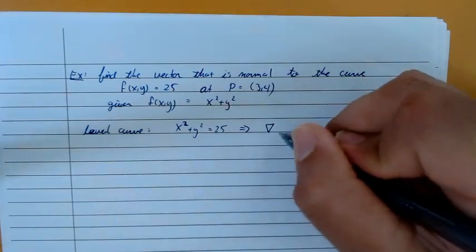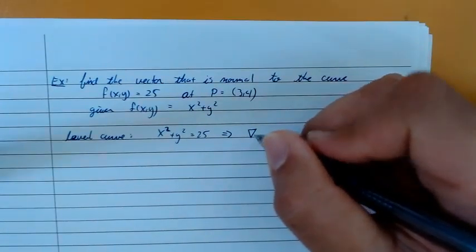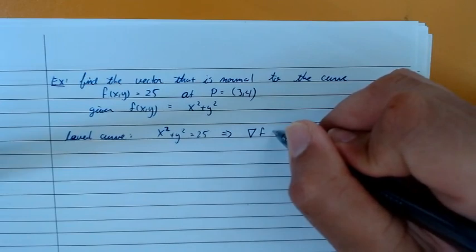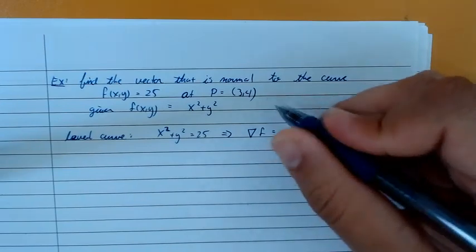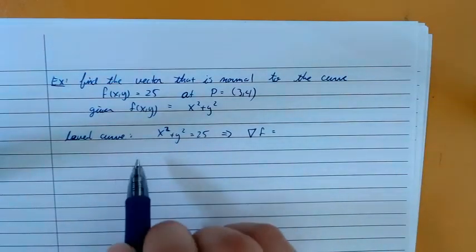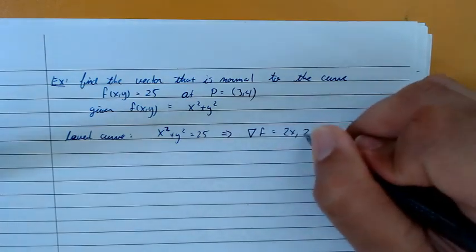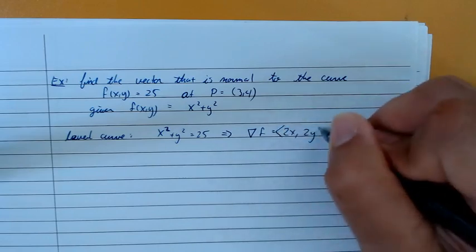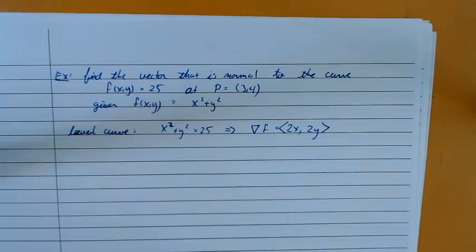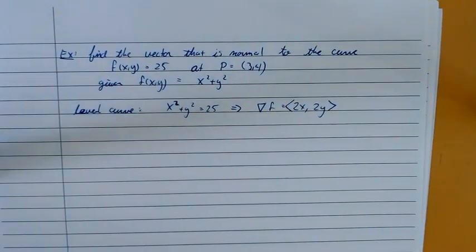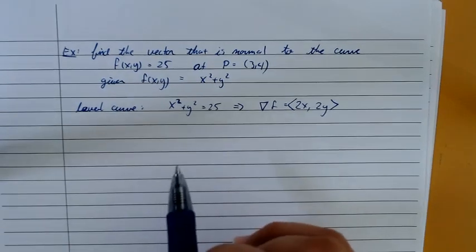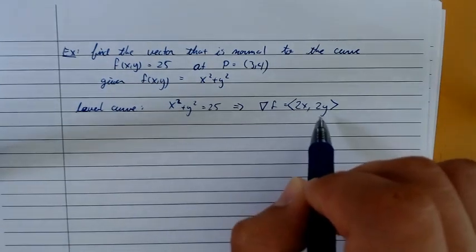So here the gradient of f is equal to, well, the derivative with respect to x is 2x, comma, the derivative with respect to y is 2y. So there's our gradient. And now we want the gradient at a particular point.